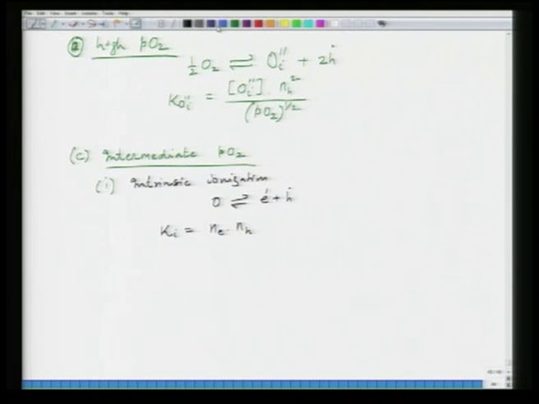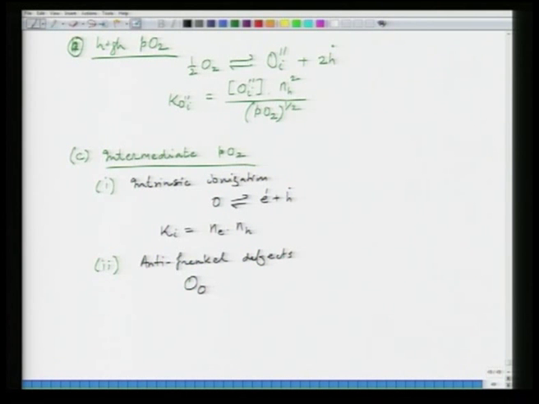And the second condition that is possible is, either you can have intrinsic ionization which dominates. So, stoichiometric defects could be of electrons and holes, or the stoichiometric defects could be Frenkel defects or anti-Frenkel defects.